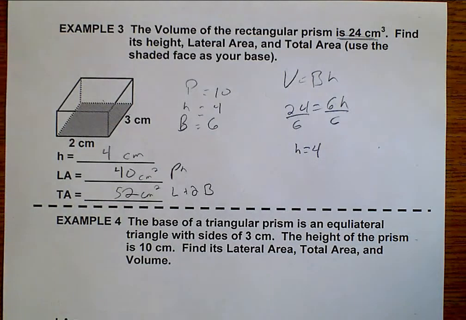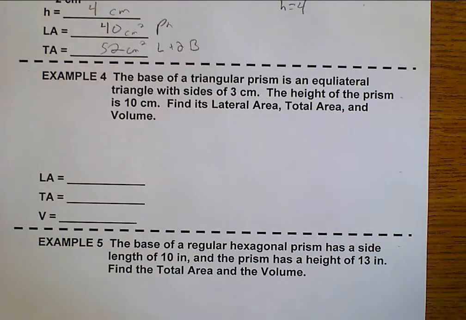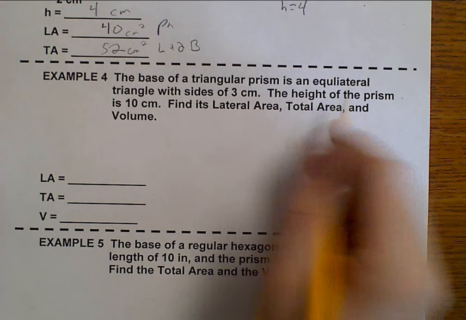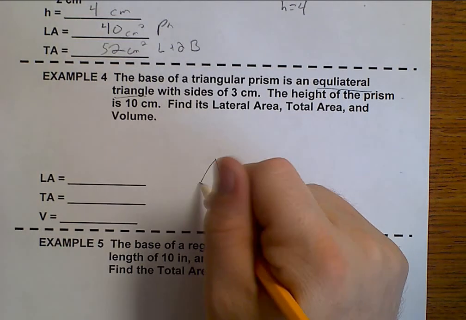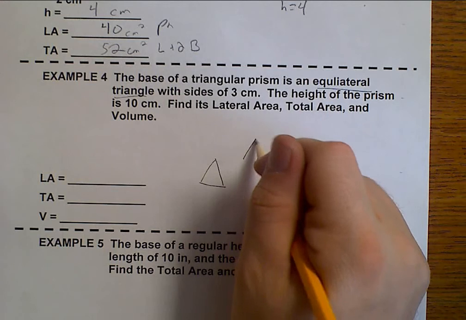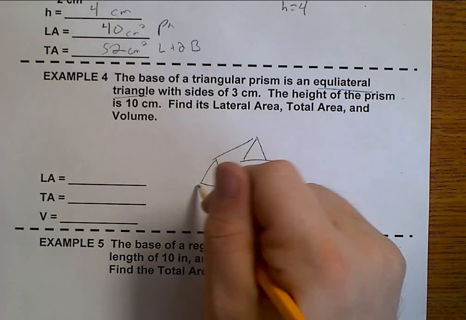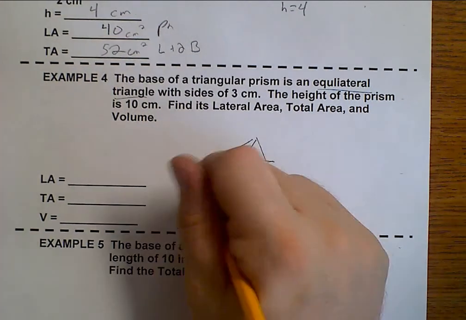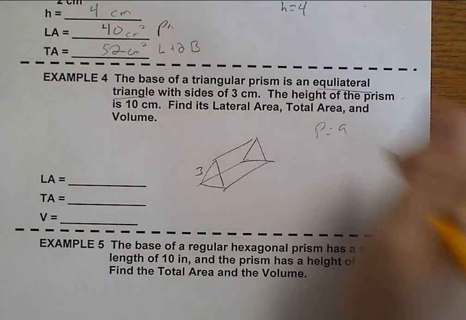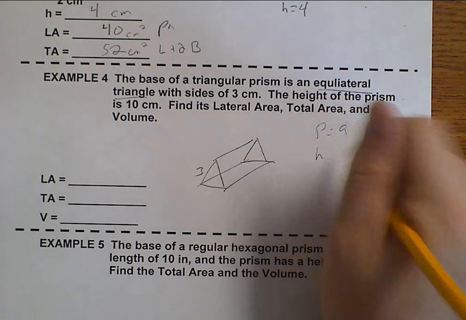On to example number 4. Here we have a triangular prism with an equilateral triangle. And the sides are 3, which means that the perimeter is 9. The height of the prism, we said, was 10.